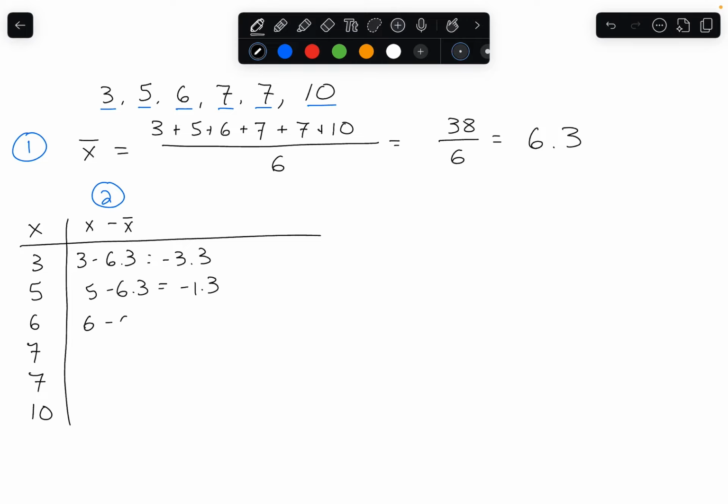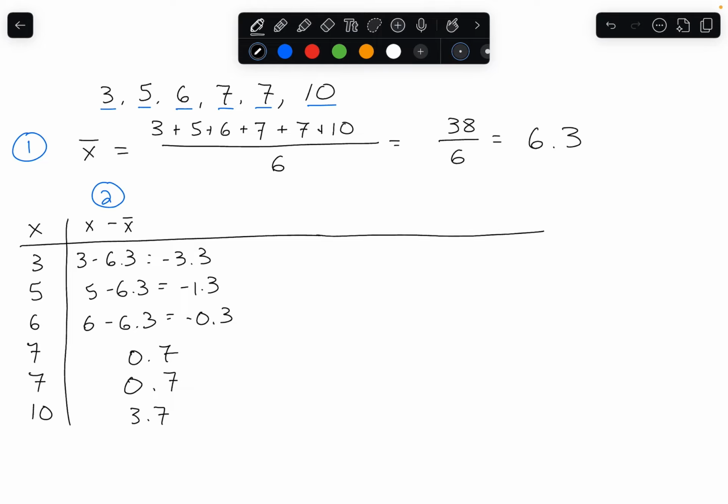And 6 minus 6.3 gives me negative 0.3, and so on and so forth. 7 minus 6.3 gives me a positive 0.7. 7 minus, excuse me, 6.3 will give me positive 0.7 again. And 10 minus 6.3 should give me a positive 3.7. So there's my second step.